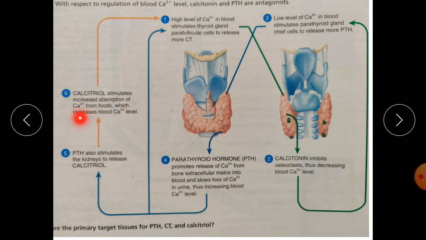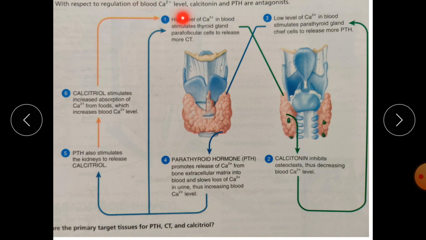From the portal vein, from the side of our GIT, absorption of calcium will increase, and the calcium can come into the systemic blood circulation through the portal hepatic circulation. The ultimate effect is that it will increase the blood calcium level again.